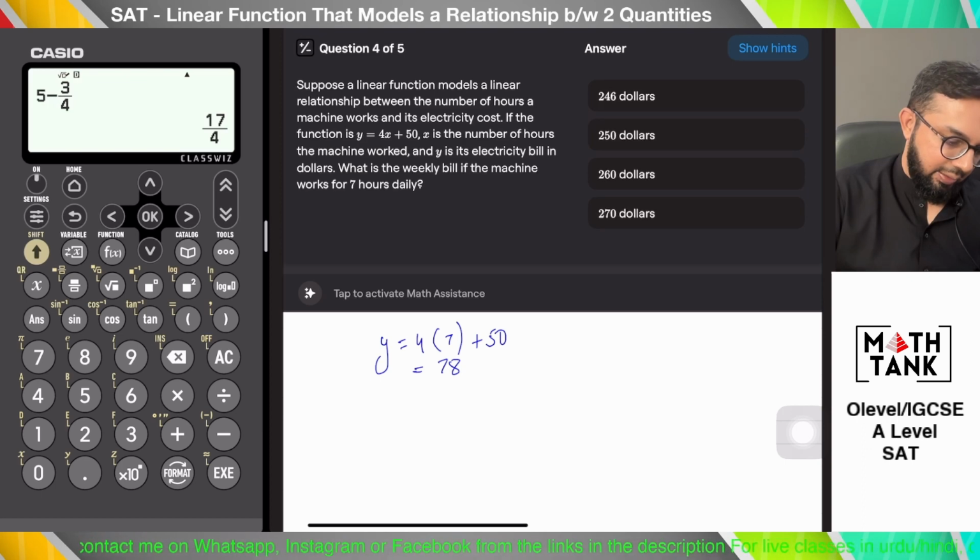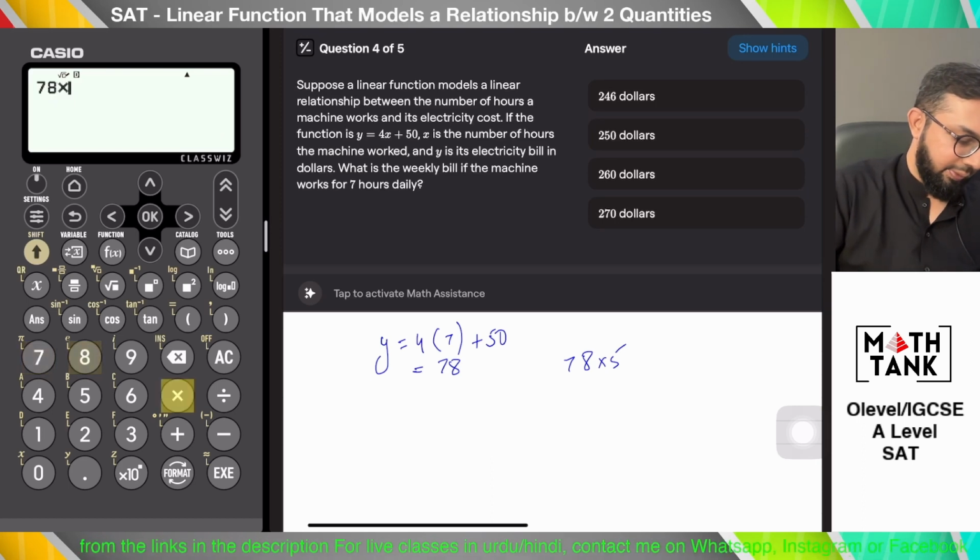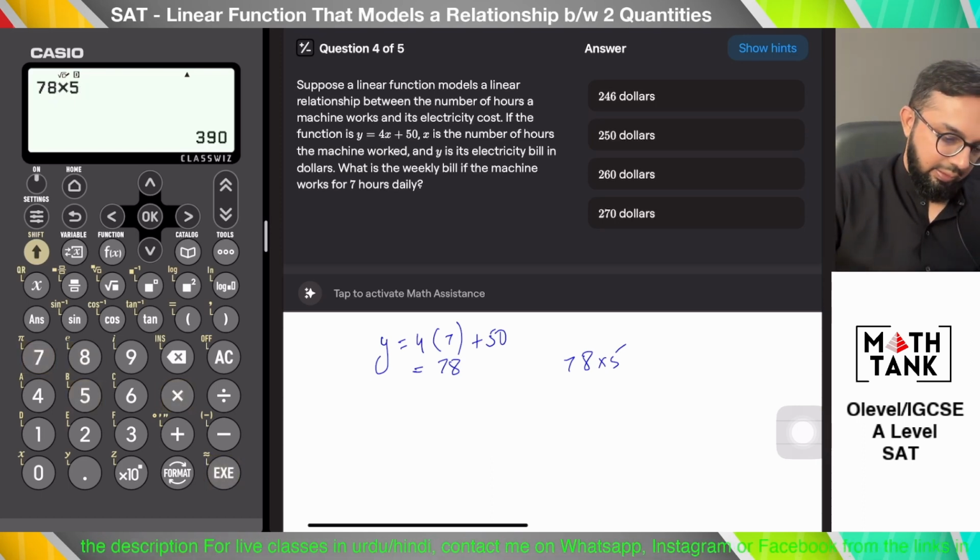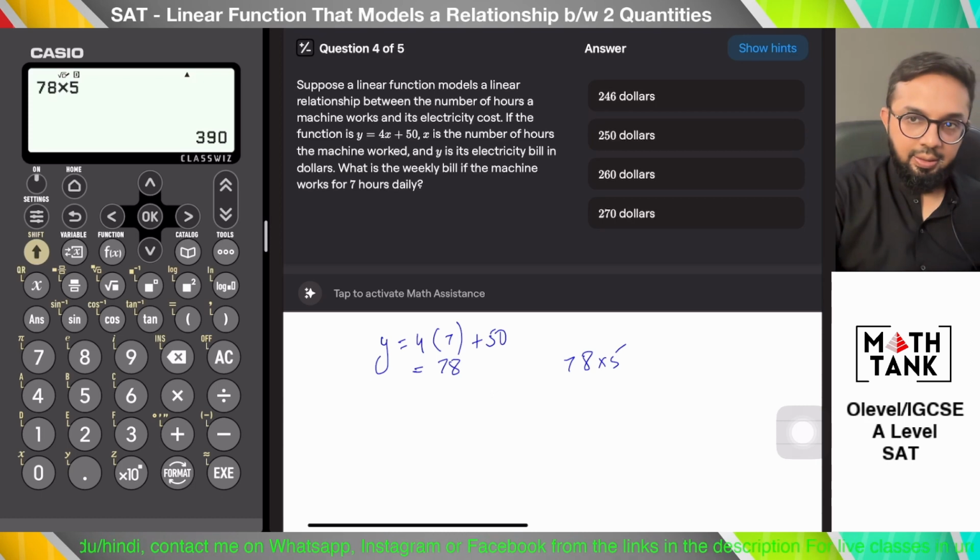Okay, that's weekly machine bill. So 78 times 5 then. 28.